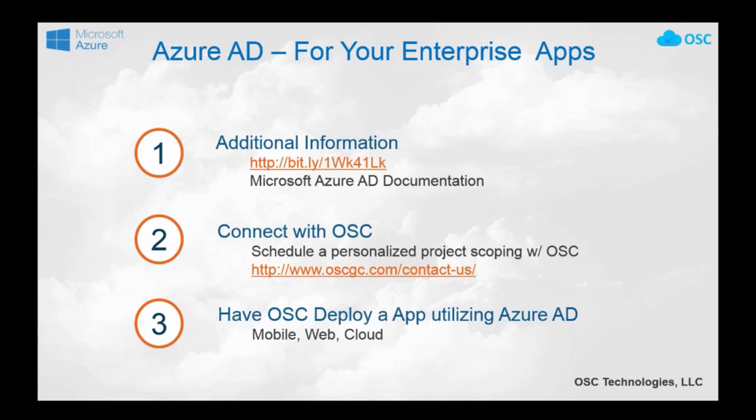Where does this attendee find out about pricing? Is that on the website, or can we direct them somewhere? Yeah, actually, all of the pricing is published on the website. The one key thing to call out is that the Azure pricing model is not exactly like traditional software pricing. It's by consumption. So how much of the service you consume is how much you pay. If you consume very little, you pay very little.